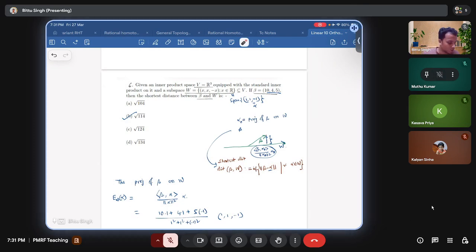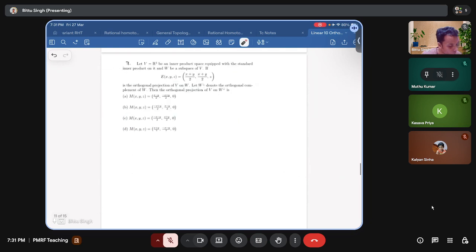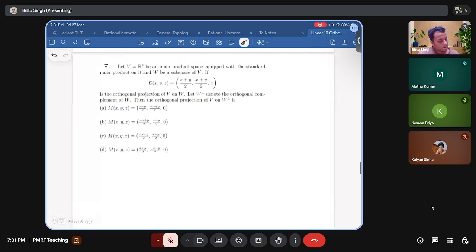Okay, so let me do the next problem. Here we are considering an inner product space with the standard inner product, and W is a subspace.